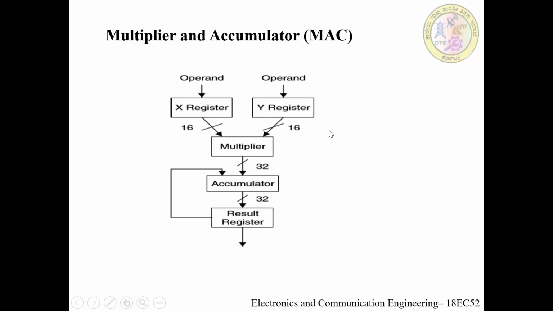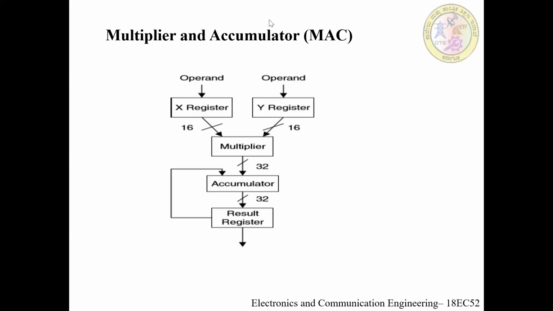Hence this multiplier and accumulator unit makes our MAC operation, or sum of products operation, faster, because most of our digital signal processing involves this kind of filtering operation.